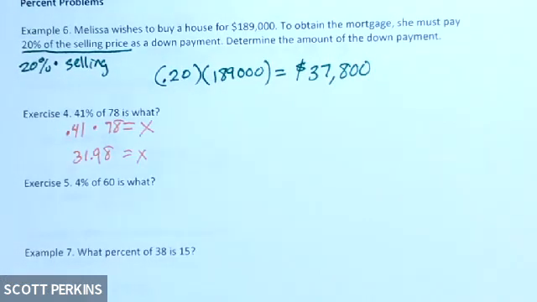So 41% of 78: if I had $78 and I told you I was going to give you 41% of it, I would give you $31.98. That would be your cut. So next problem, exercise 5, is almost the exact same thing, just slightly different numbers. Give it a try.